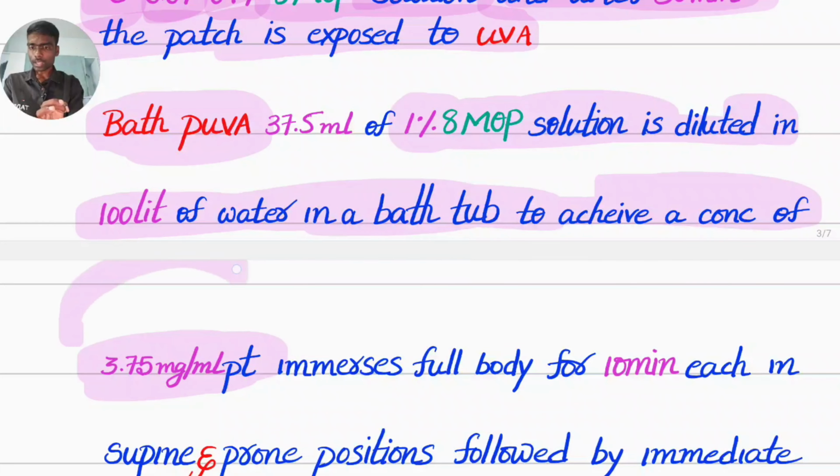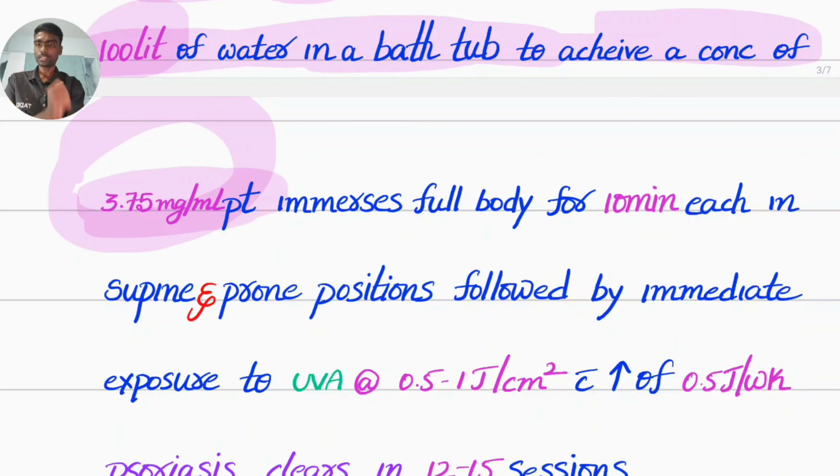To get this concentration, we use this much 8-methoxypsoralen solution in this much water. If you don't want to remember this much, just remember a 3.75 mg per ml solution of 8-methoxypsoralen in water.